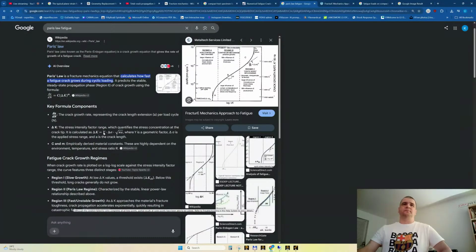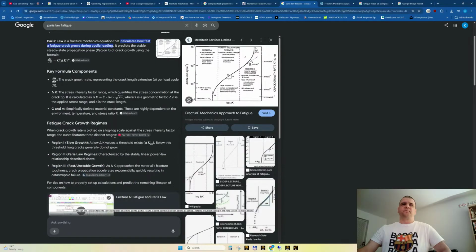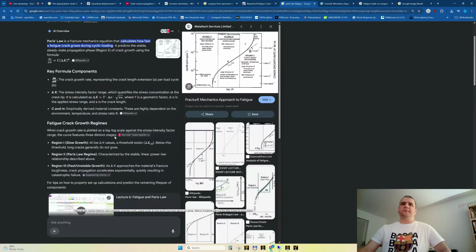It has a geometric value, some stress, and the square root of pi and the crack dimension. This is the geometric factor. So the stress intensity factor is by itself a stress value, let's say. So it's an internal pressure, let's say.